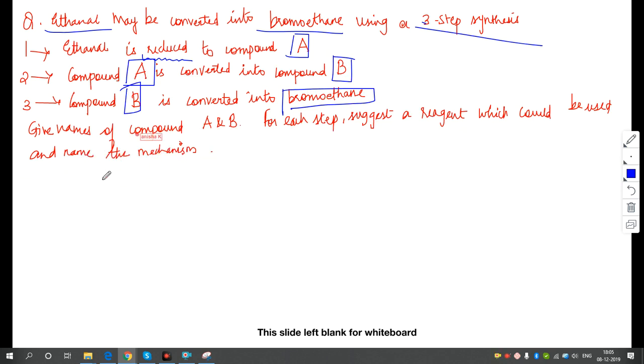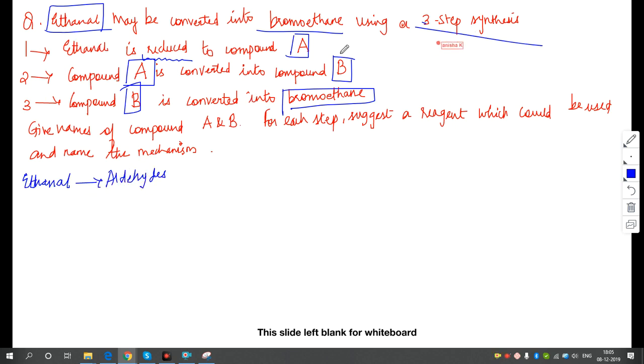So how to start solving this? First, we have to identify the homologous series of the starting product. What is my starting product here? Ethanol. Ethanol belongs to which homologous series? The aldehydes.